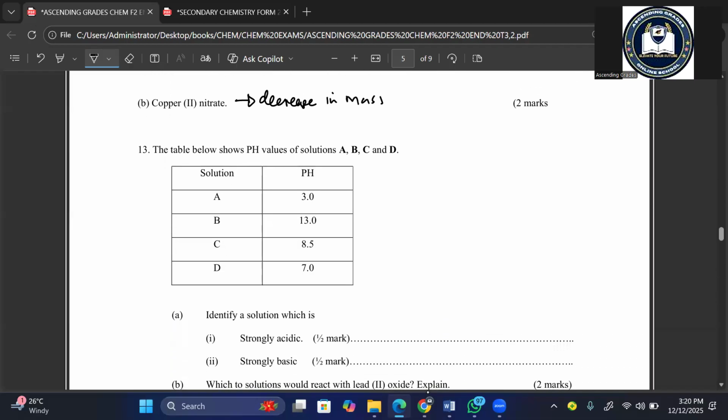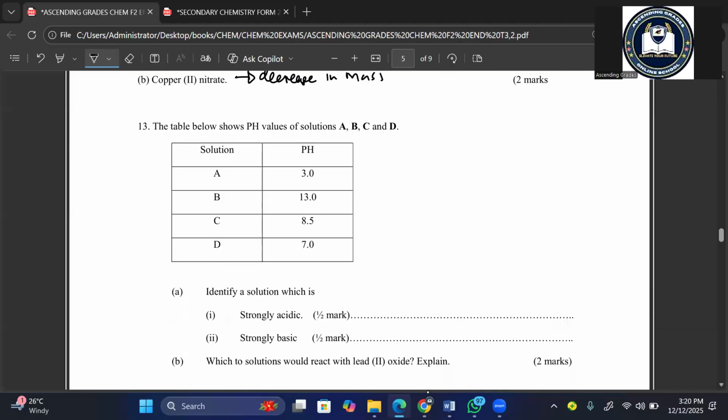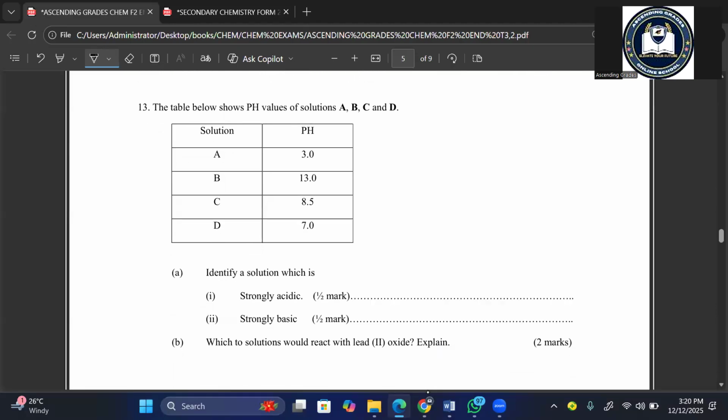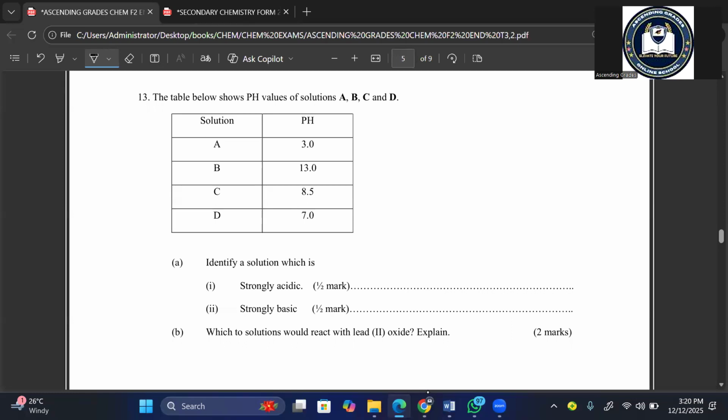The table below shows pH values of solutions A, B, C, and D. And then you are asked, identify a solution which is strongly acidic. Strongly acidic, and this goes straight to A. Strongly basic, that goes to B. Which solutions would react with lead-2 oxide? And then you are told, explain.